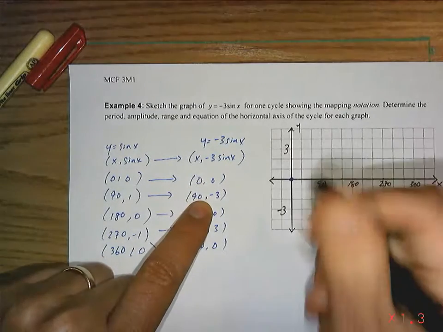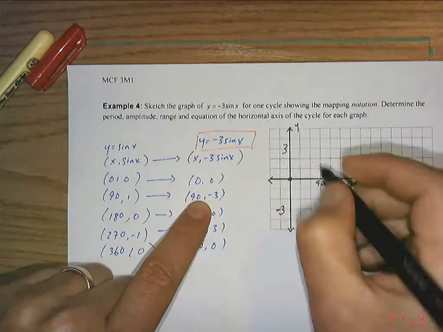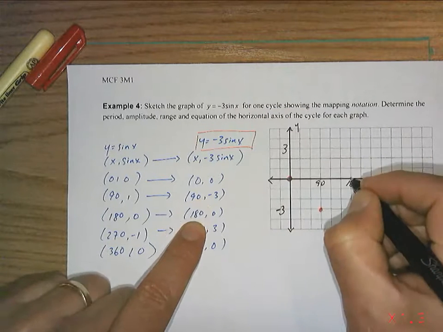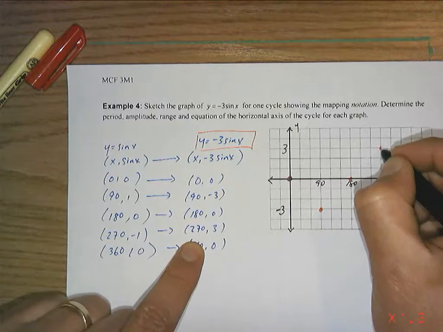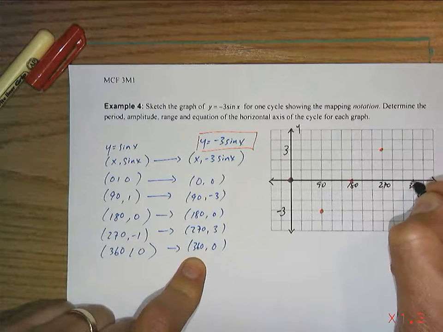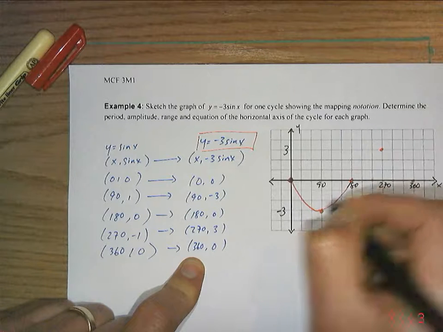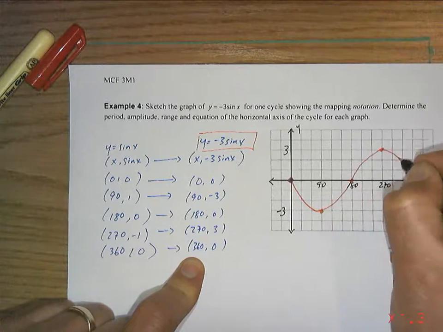Let's do it in red. That'll be my final one. 90, negative 3, 180, 0, 270, 360, 0, and lo and behold, we have our curve.